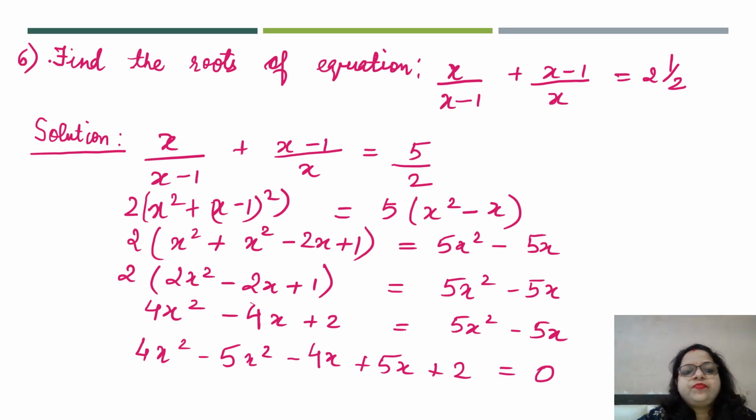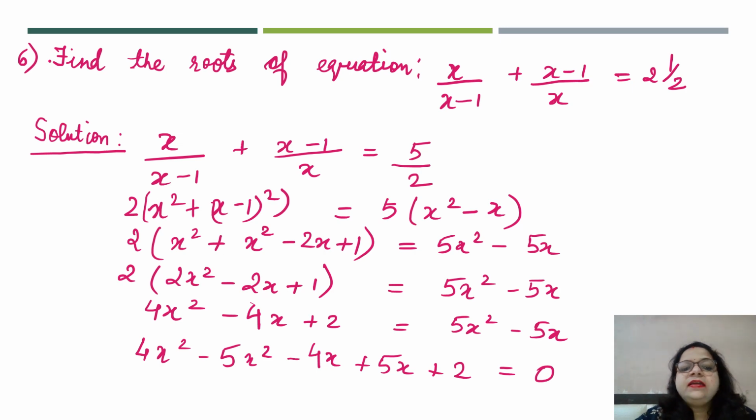Okay. Now first we will solve this. Okay, x into x minus 1 the whole square. Okay, and we will take the LCM of x minus 1 and x. Okay, so what we get as x into x minus 1 will be coming as the LCM, and it can go on the other side and it will be x square minus x.